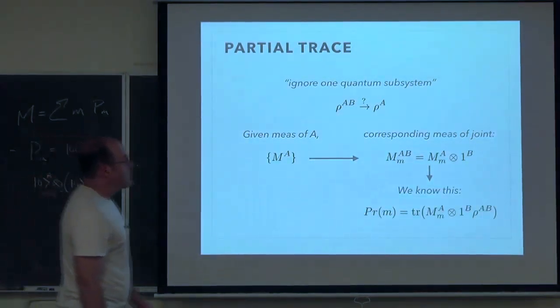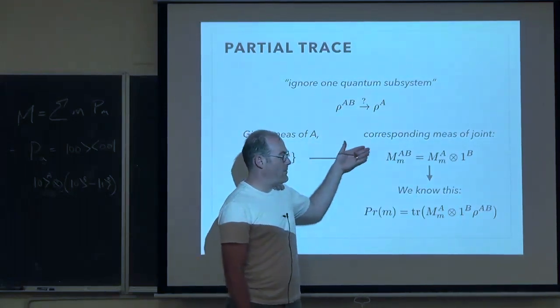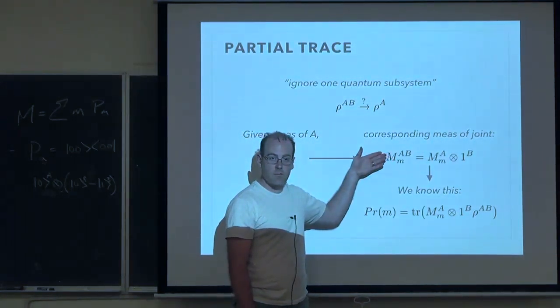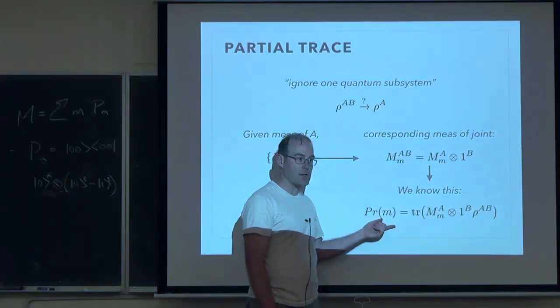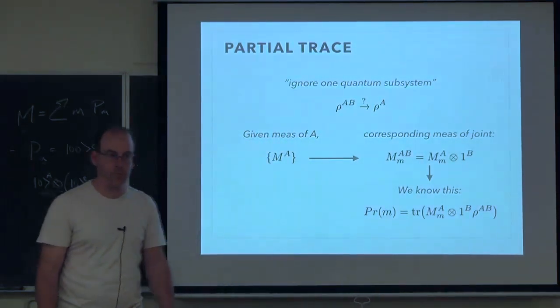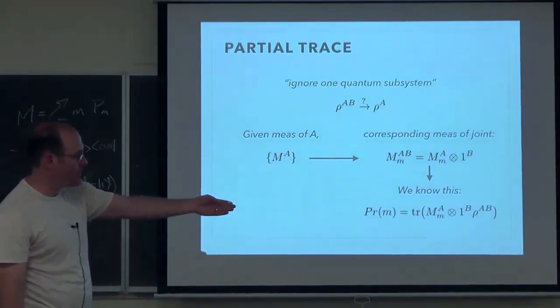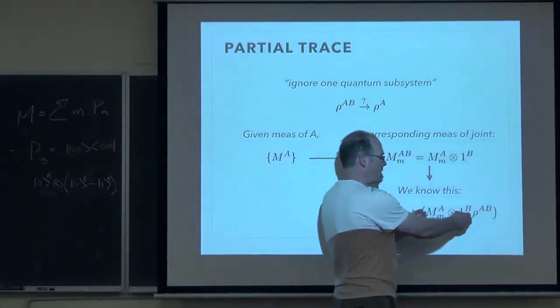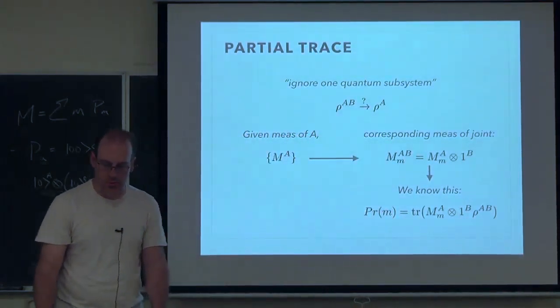Okay, we have this joint state. We have postulated what these measurements should look like. So we know via the Born rule in this joint space how to compute probabilities of things. Nothing has changed there. We just have some joint measurement operator on our joint space, and it gives us one of these measurement outcomes, or the probability.